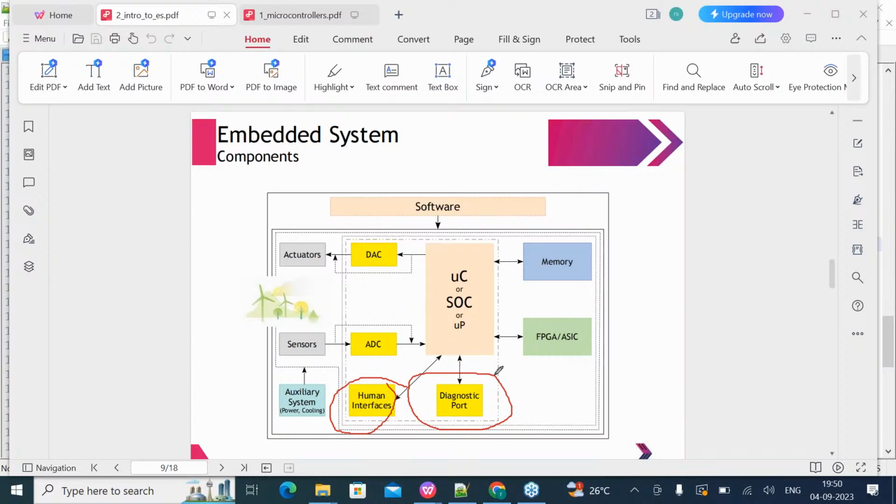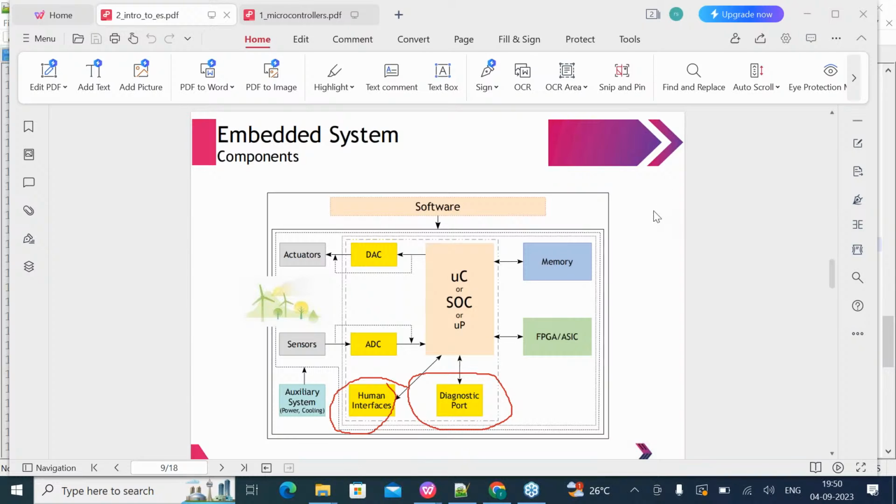If there is any issue, it will try to inform, or in simple terms, try to do a diagnosis of that issue under this diagnostic port itself. In a few systems it might be there, or in future you will be able to see this in all systems.